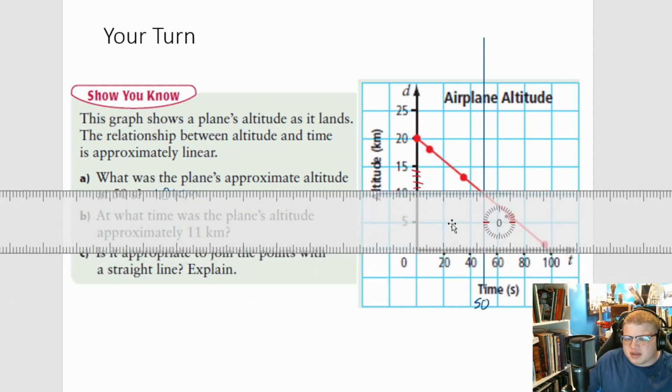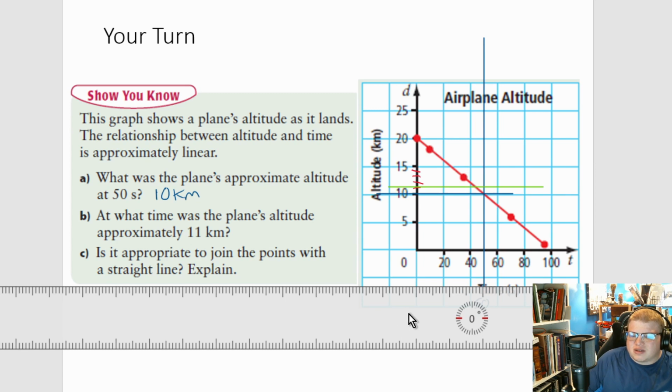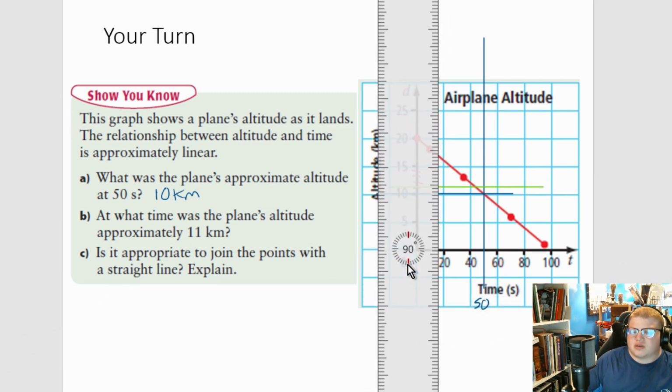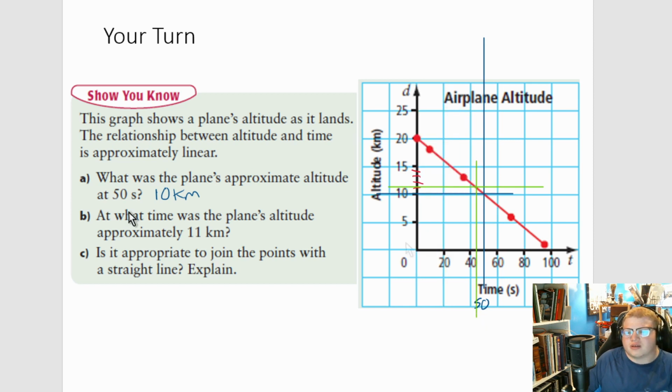That's not perfect, but that's okay. So then we're going to line up the ruler with 11 and draw a line. Now, once you have 11, you're going to take your ruler and you're going to find out vertically where does this line up with the bottom axis. So I'm going to say it's approximately there. And you're going to draw that line.